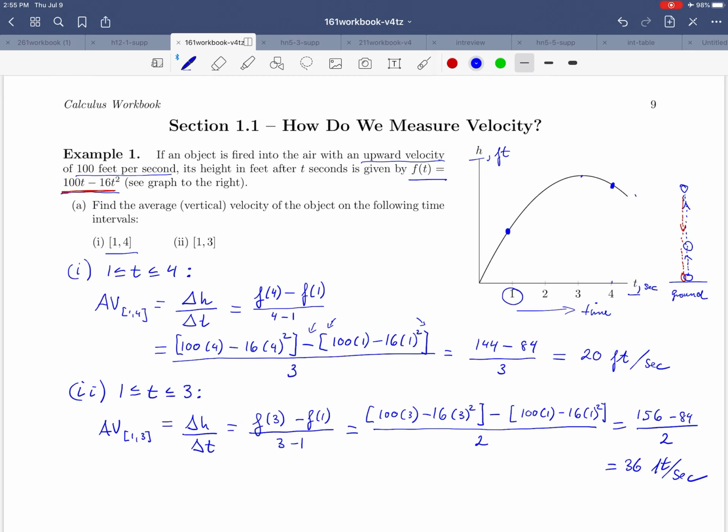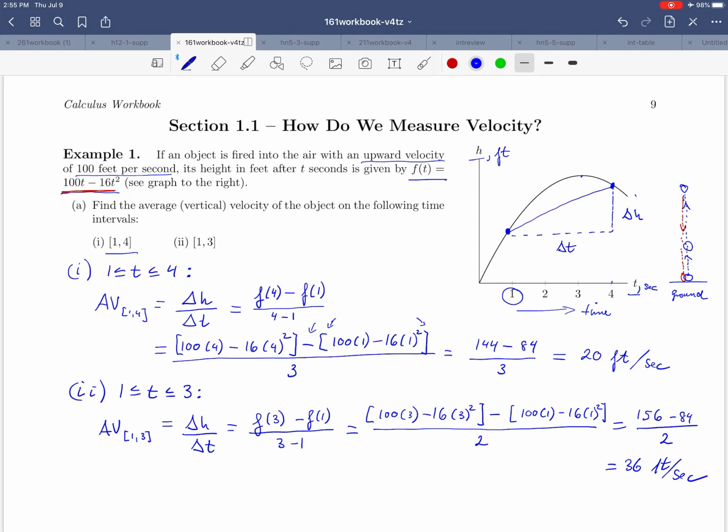We computed the average rate of change, the average velocity, and graphically we computed the change in height between those 2 points on the graph divided by the change in time.